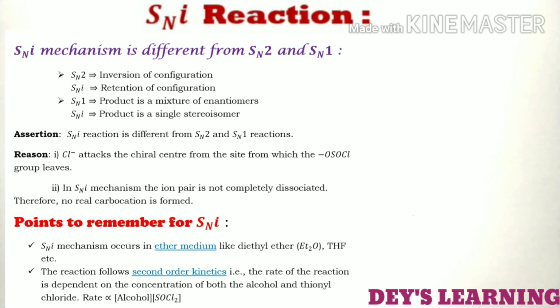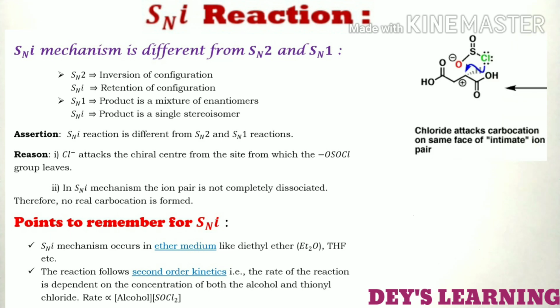Now consider an assertion reasoning type problem. Assertion: SNi reaction is different from SN2 and SN1. The reason is Cl minus attacks the chiral center from the side from which the OSOCl, the leaving group, leaves the substrate. We just consider this step.